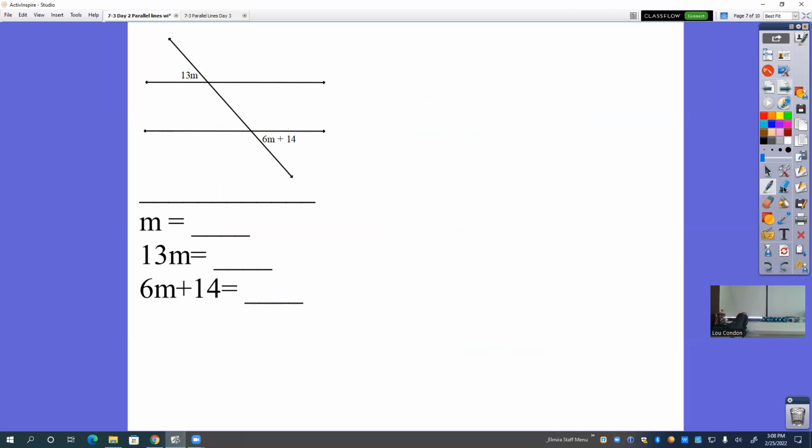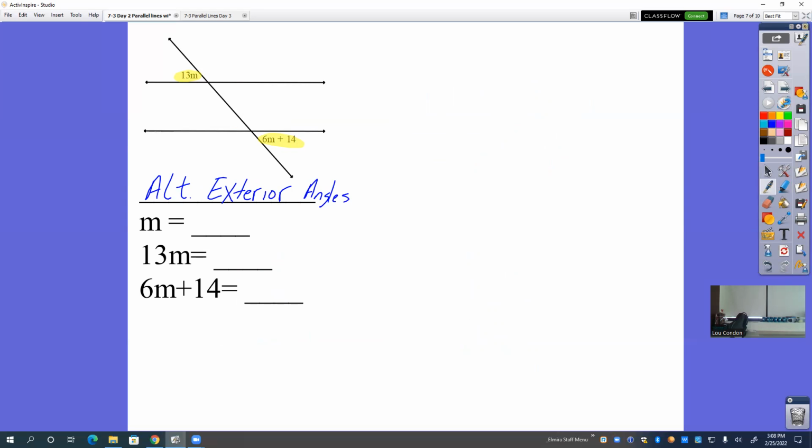And then we have angles that are outside of the parallel lines on opposite sides of the transversal. So that means that they are alternate exterior angles. And they too are equal.